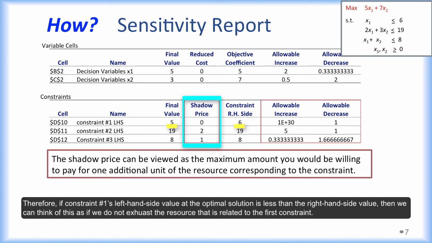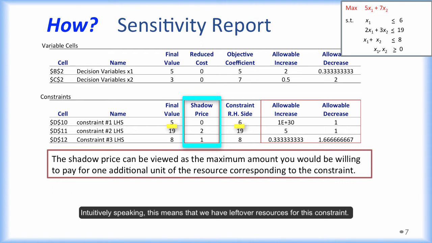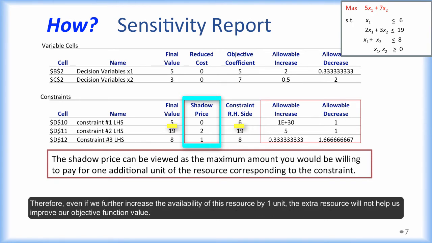Therefore, if constraint number 1's left-hand side value at the optimal solution is less than the right-hand side value, then we can think of this as if we do not exhaust all the resources that are related to the first constraint. Intuitively speaking, this means that we have leftover resources for this constraint.